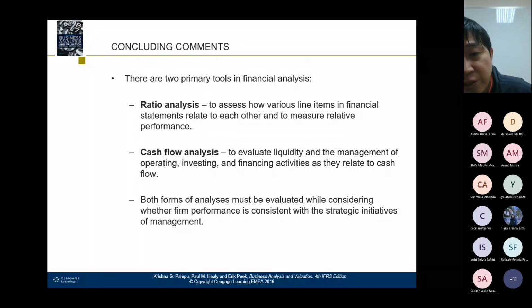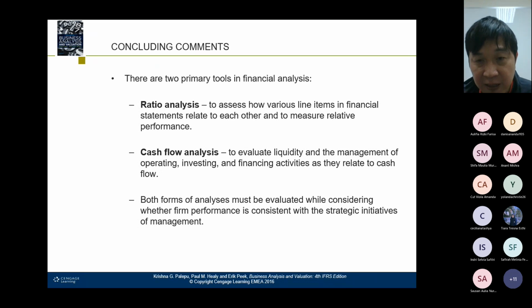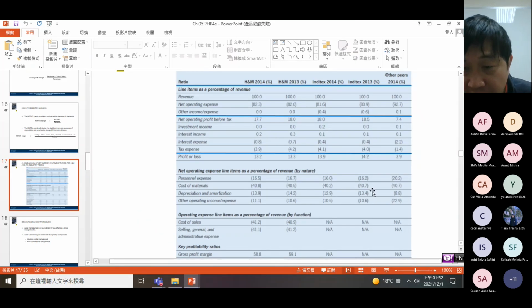The cash flow analysis is to evaluate liquidity and management of operating, investing, and financing activities as they relate to cash flow. Both forms of analysis must be evaluated when considering whether firm performance is consistent with the strategic initiatives of management. Okay, this is our chapter 5.